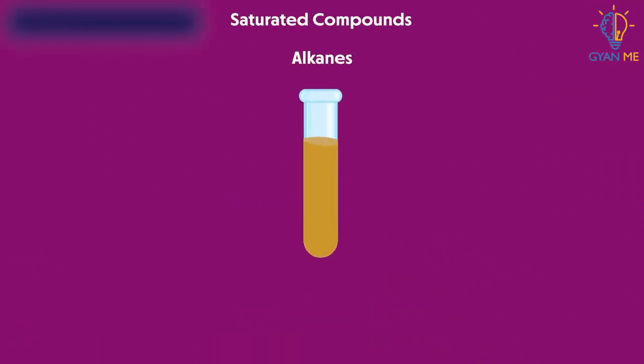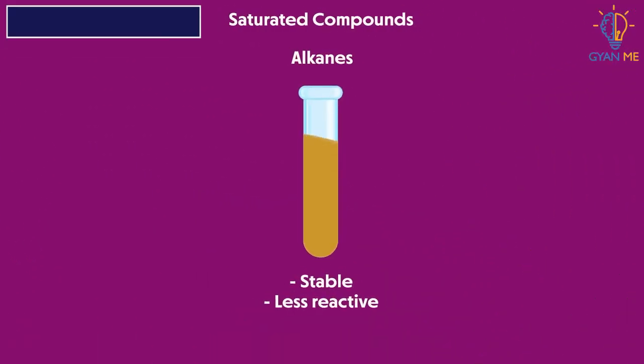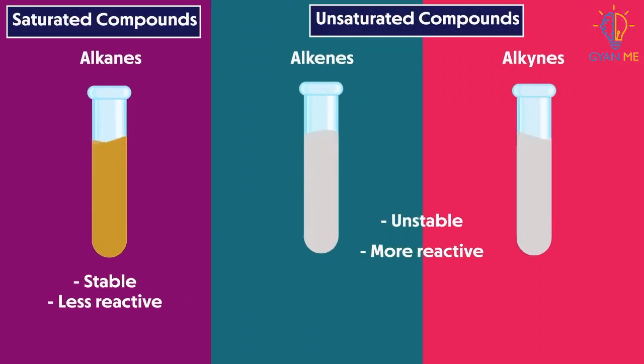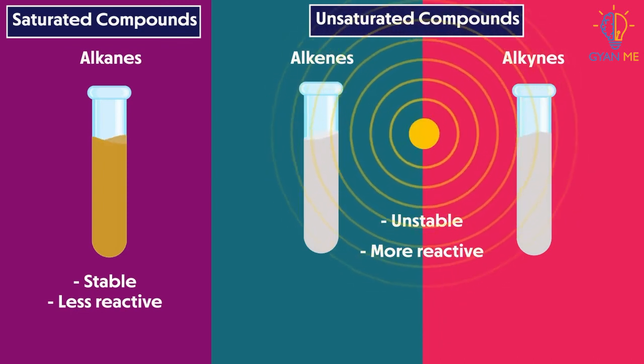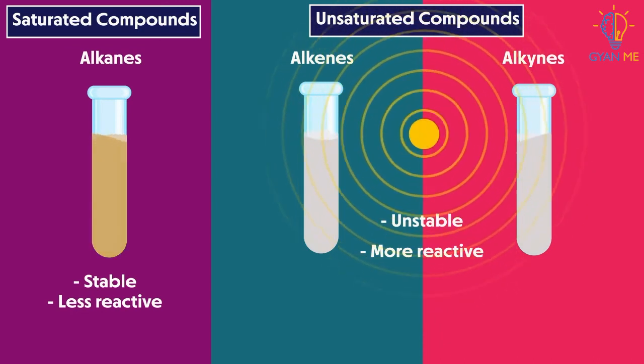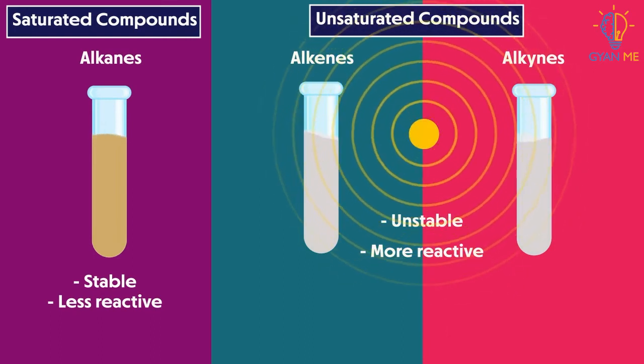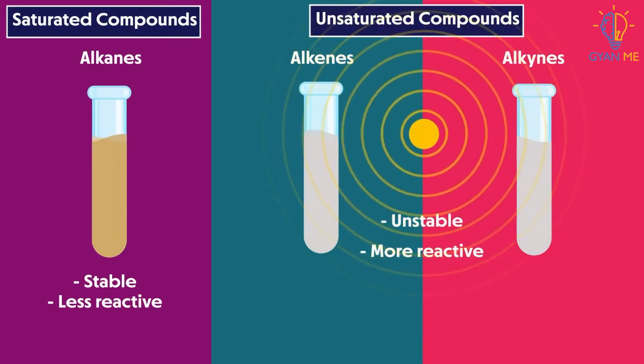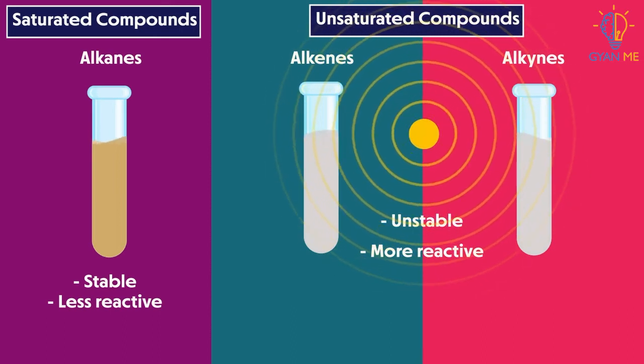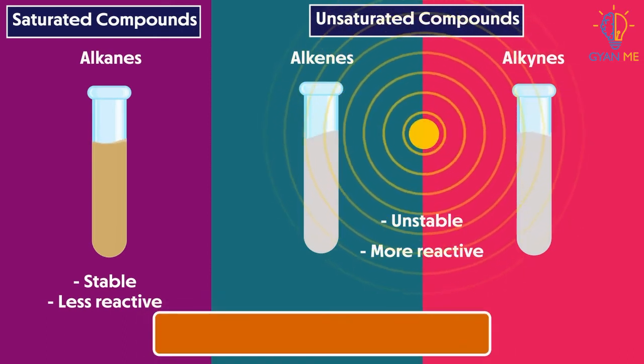As we know, saturated compounds are relatively stable and less reactive as compared to their corresponding unsaturated compounds. They require additional energy to take part in a reaction. So from this identification test, we also found one important characteristic of saturated and unsaturated carbon compounds.